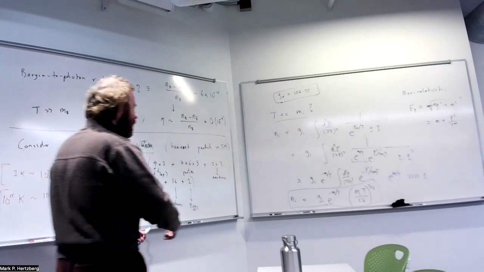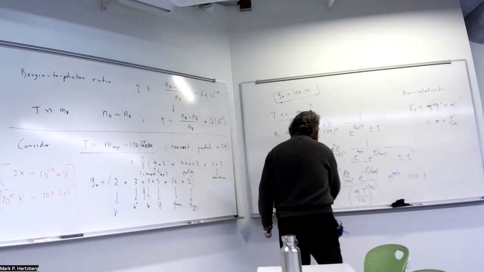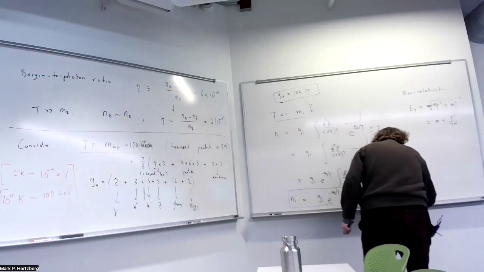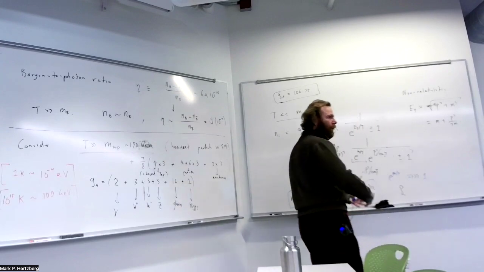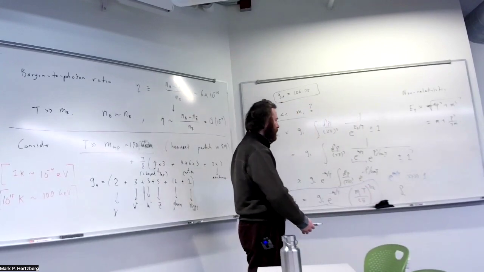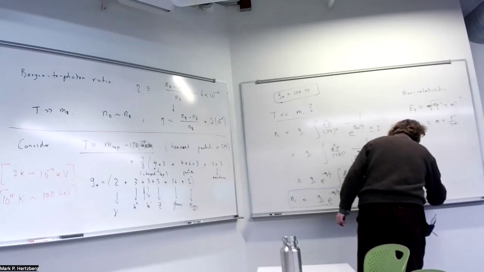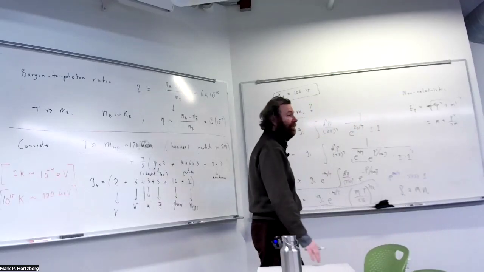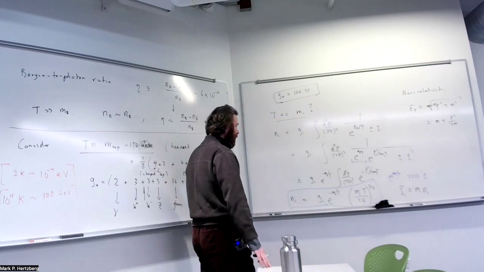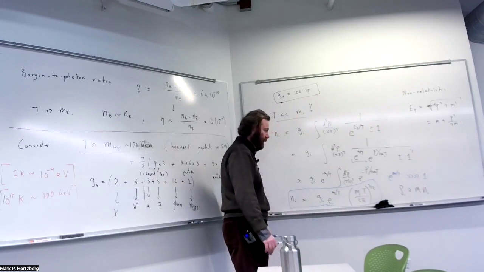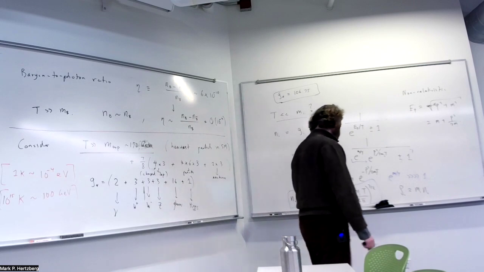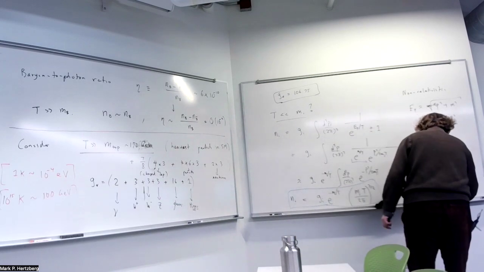And the energy density, we don't have to redo anything, really. The energy density for non-relativistic particles is just the mass of the particle times its number density. It's nothing fancy when they're non-relativistic. So I just multiply this by a factor of m. Okay, I can write that out.